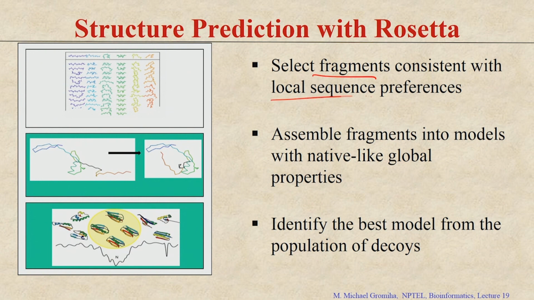They take some fragments based on the local sequence preference, and you can see the library of fragments for the different cases, which they think have native-like globular properties. Then they combine all these together from the populations, and for the unknown cases they do the modeling. Finally they generate the models, go through the different possible structures, and select the best one. This is how they use it.